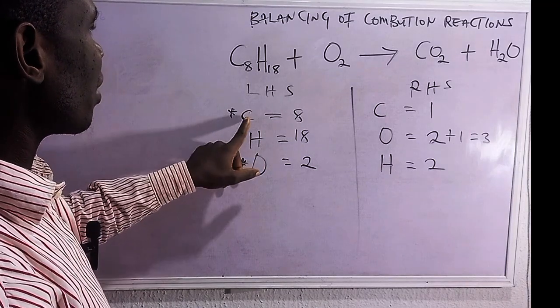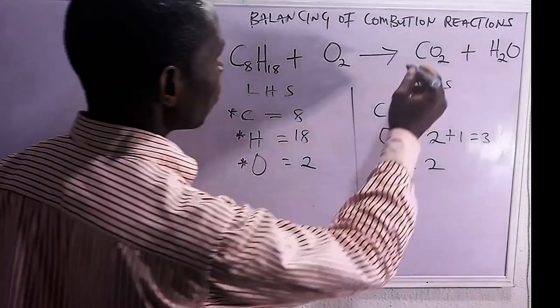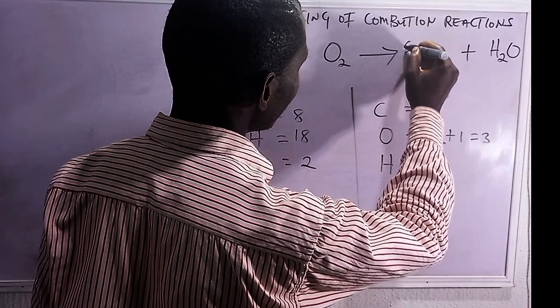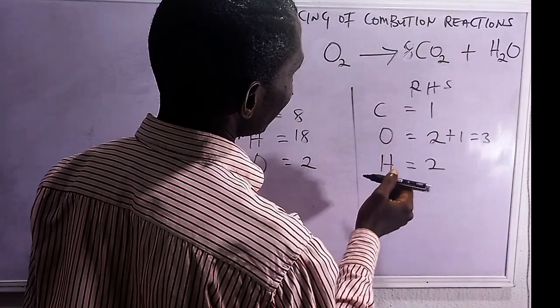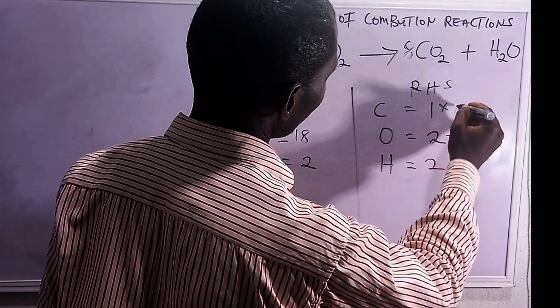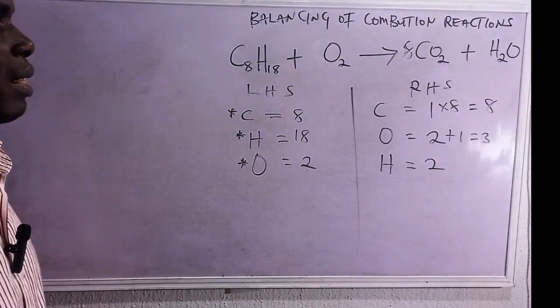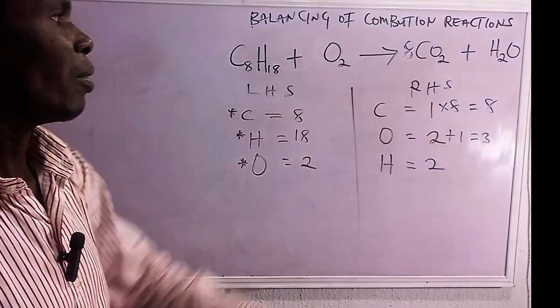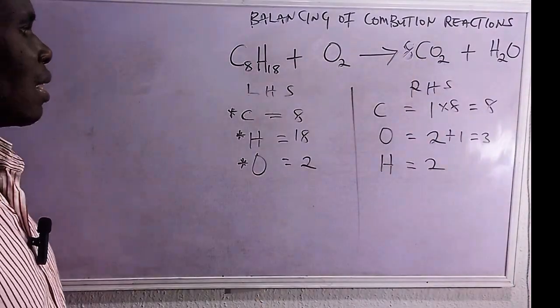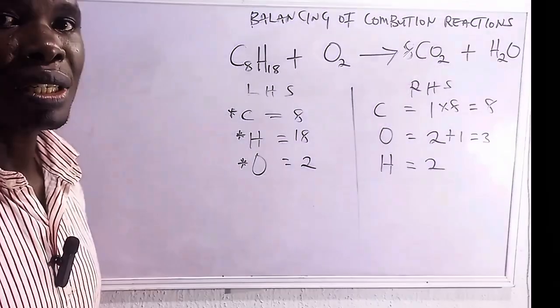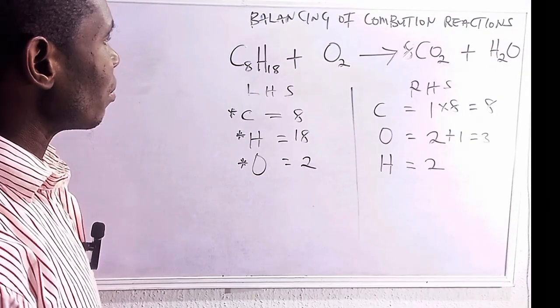The number of carbon here is 8. So here we multiply this by 8. So the number of carbon is balanced. Here we have 8 carbon. Next we balance the number of hydrogen on both sides of the reaction.